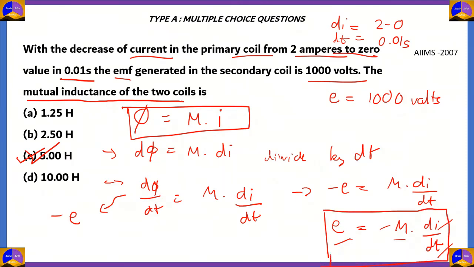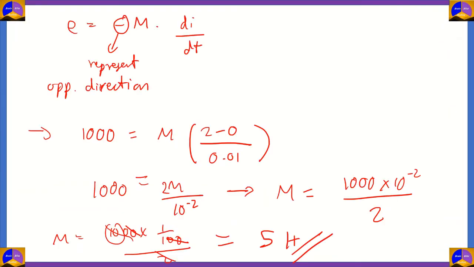Of course, we could also straight away say that E is equal to minus m times di by dt. However, the first method that we used is quite easy because you can put this equation easily inside your head. So with that, we got the final answer as option C, 5.00 Henry.